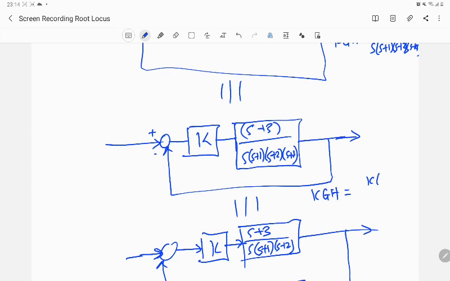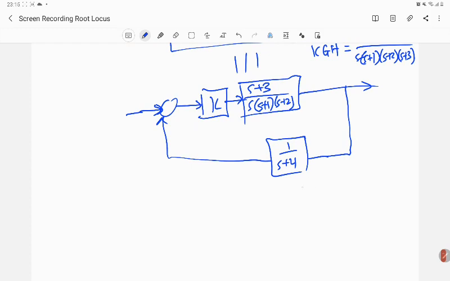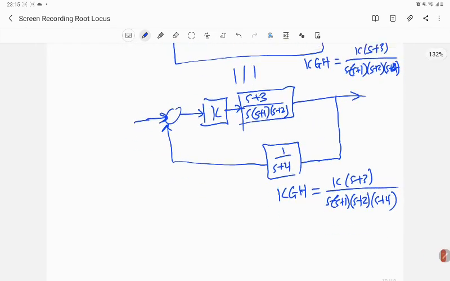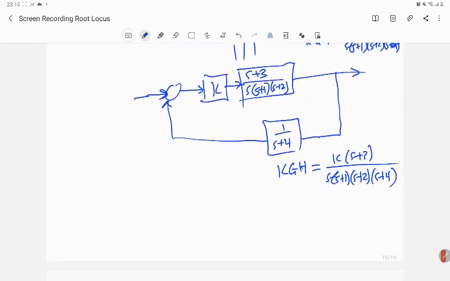If you come to this system, again, you see that KGH will be equal to K(s + 3) over s(s + 1)(s + 2)(s + 3). And if you come to this third system, you see that KGH once again will be equal to K(s + 3) all over s(s + 1)(s + 2)(s + 4).